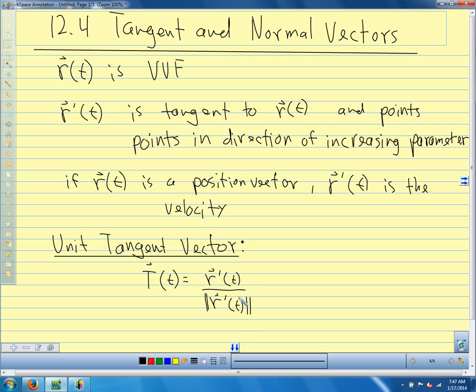And our only requirement here is that we're defining this on an open interval where r prime is not 0, and when we're saying r prime is not 0, that means that our curve is smooth.